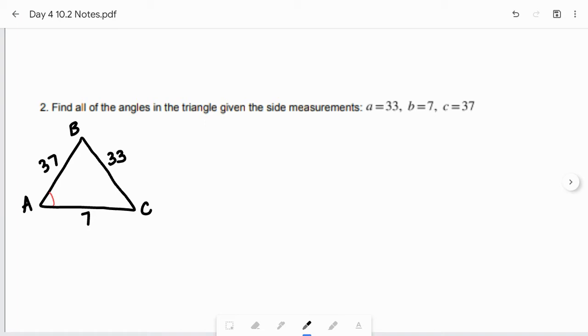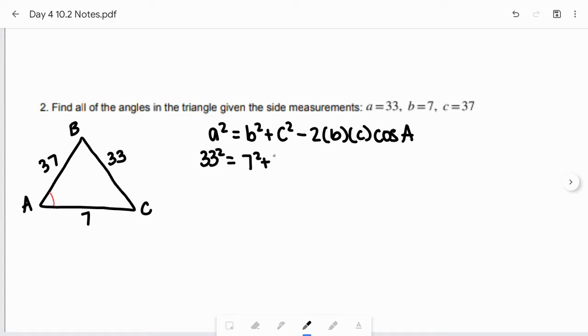So what I want to use is A squared is equal to B squared plus C squared minus 2 times B times C times cosine A. So 33 squared equals 7 squared plus 37 squared minus 2 times 7 times 37 times cosine A.